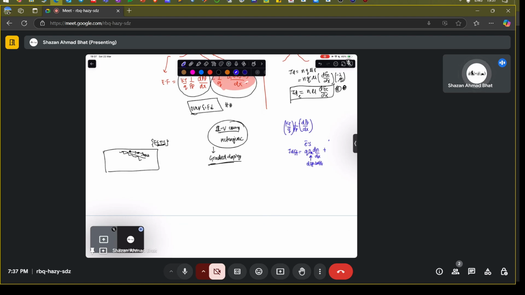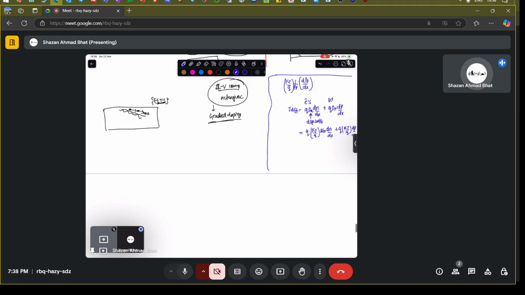And if you write for the holes, you can write it as Q D_p dP over dx. So we can write it as Q kT over Q mu n dN over dx plus Q kT over Q mu p dP over dx. Why I'm writing this diffusion component, I just want to see whether the equations make sense.